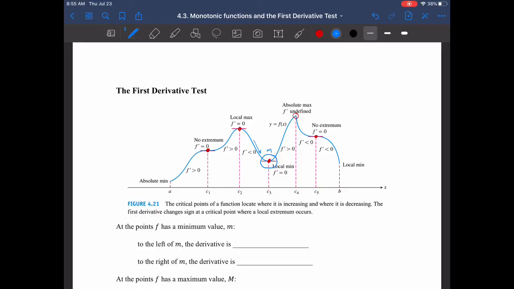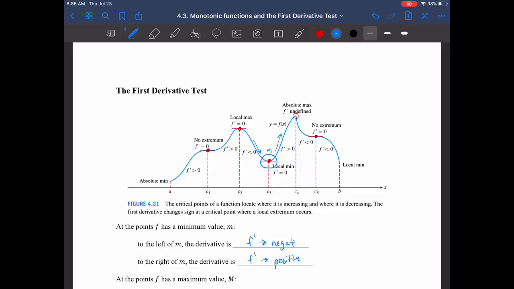The derivative then is going to be negative. F prime is going to be negative. To the right of that point, we have all positives, so it's all uphill. That means F prime for any one of those points is going to be positive.